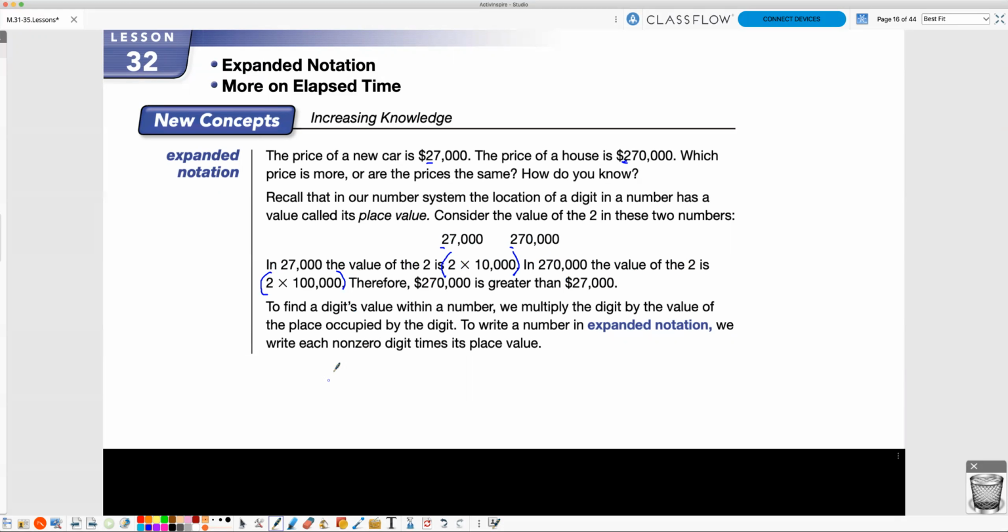So all you do is take that digit 2 and multiply it by its place value. The place value is the 10,000s place, so you multiply by 10,000. This digit 2 is in the 100,000s place, so we multiply it by 100,000 to expand the notation.